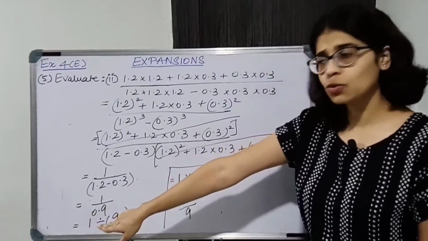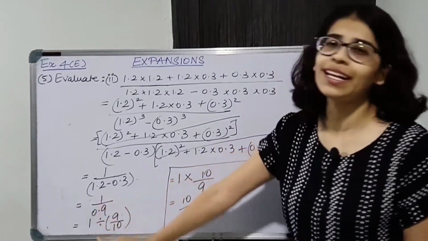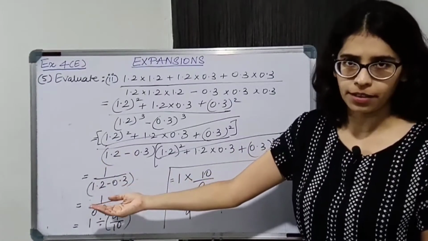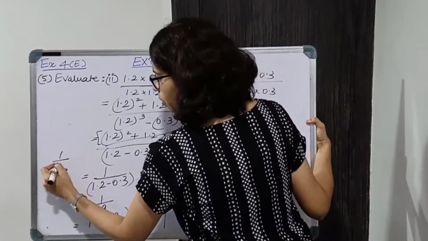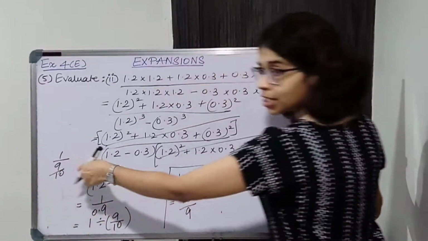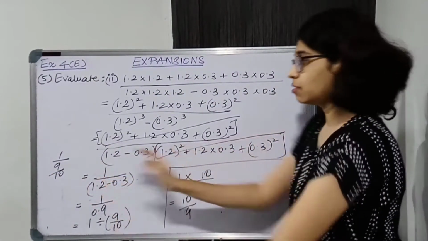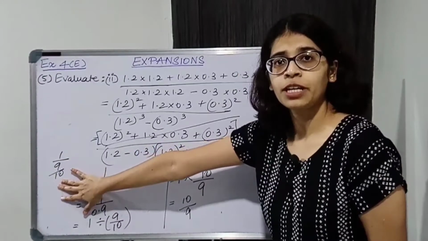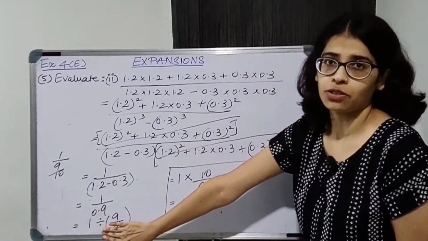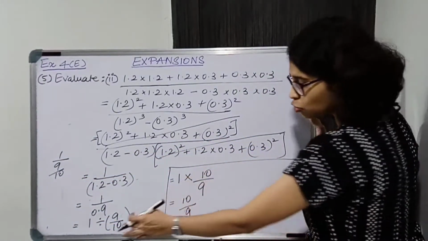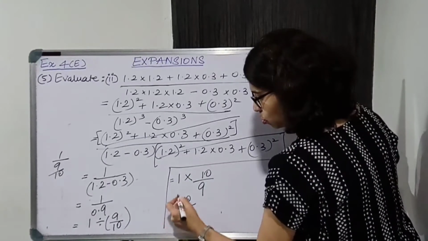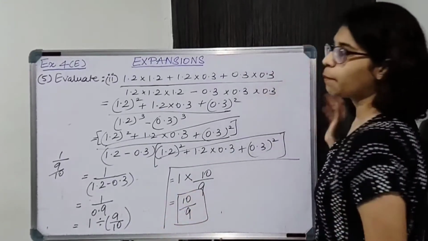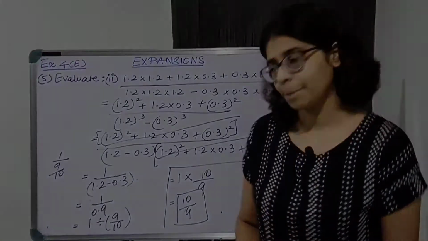Okay, there is no need to write it like this. 1 upon 9 upon 10 and 10 will go in the numerator. Okay, you can just write this like this. But in case you are having confusion in denominator upon denominator, then you can use this method. Alright, this is the reason I showed you this method. 10 upon 9. So 10 upon 9 is the answer.